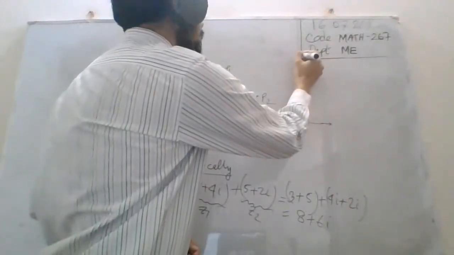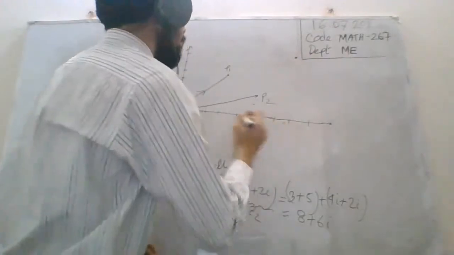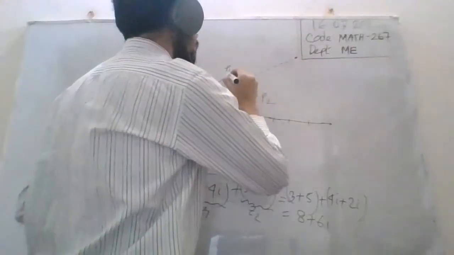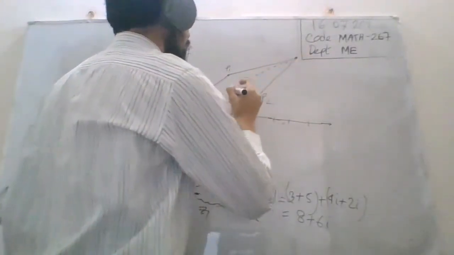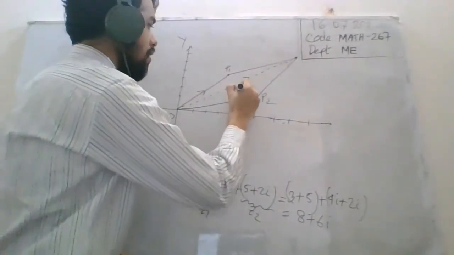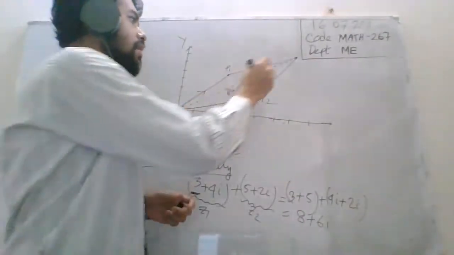The point will be here. Our required point is obtained by joining these two terms to get 8 plus 6i. This is the graphical representation of this complex number.